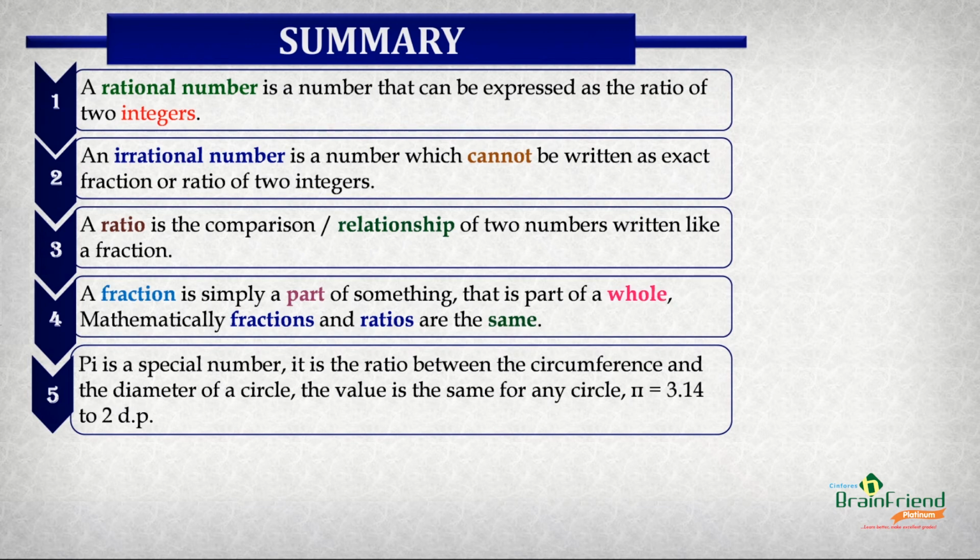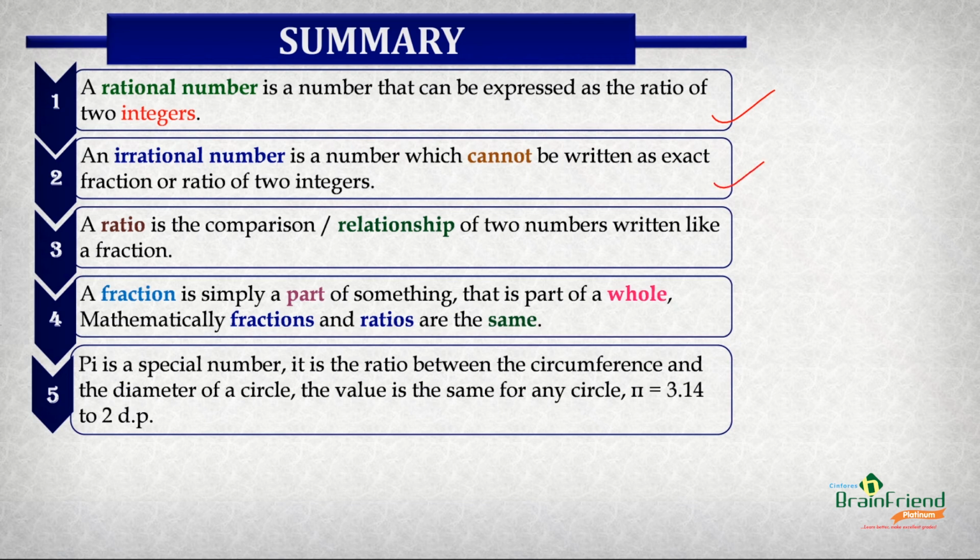First, a rational number is a number that can be expressed as the ratio of two integers. Secondly, we learned that an irrational number is a number which cannot be written as an exact fraction or ratio of two integers.